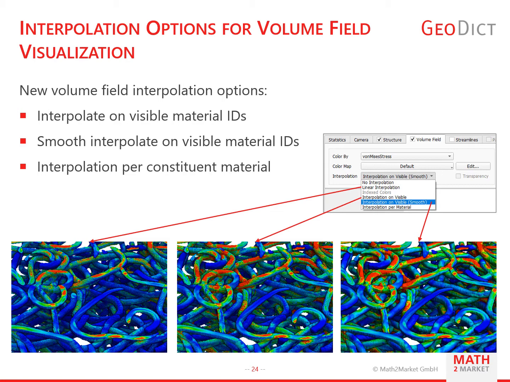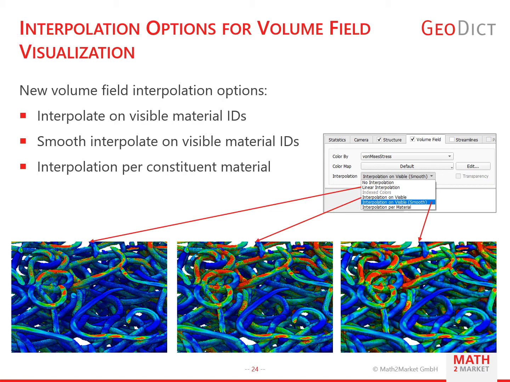With Geodict 2022, it is possible now to interpolate per material ID or to interpolate only on the visible materials. This interpolation on visible materials can also be shown on a smooth ISO surface. These options lead to a much more accurate visualization of the field values for cases as described before.